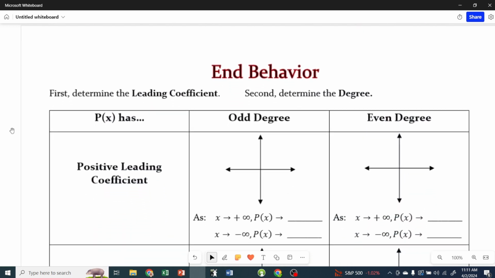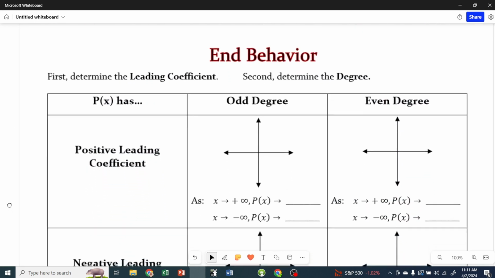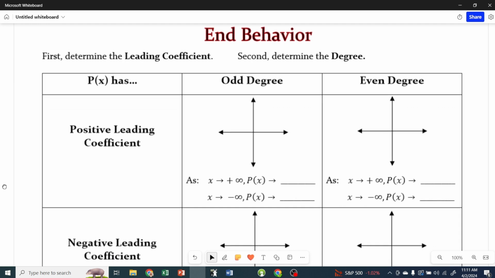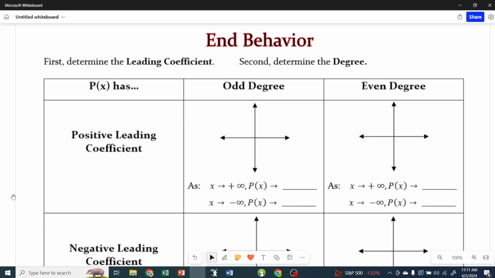Okay, so if we have an odd degree polynomial versus an even degree polynomial, if the coefficient is positive, the graph of an odd degree polynomial is going to have this type of shape here.